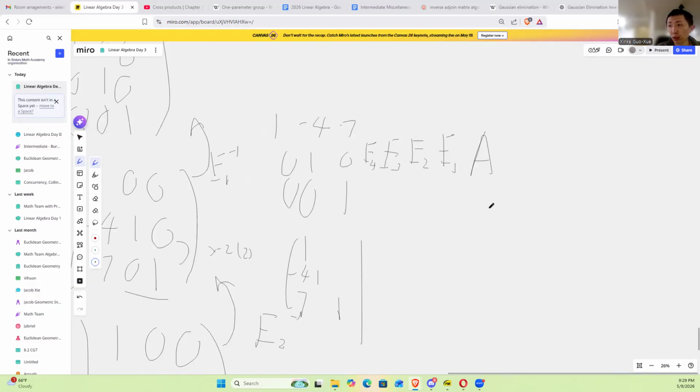So if we go backwards on the right side of our augmented matrix, A inverse, first we apply E4 inverse, and we get the second to last matrix on the right. Then we apply E3 inverse, and we get the third to last matrix on the right. Then we apply E2 inverse, and finally E1 inverse. So this is equal to the identity. These are reverse operations of each other.